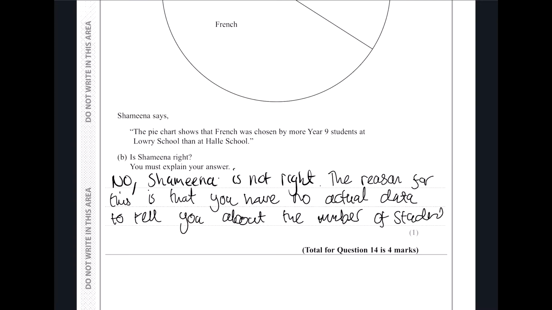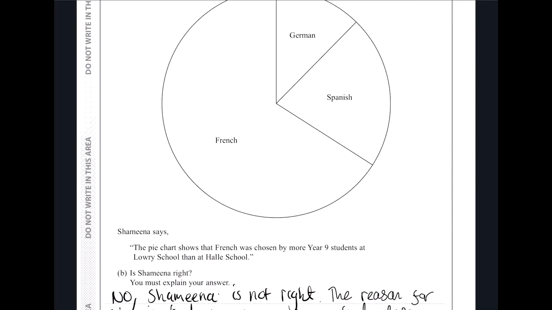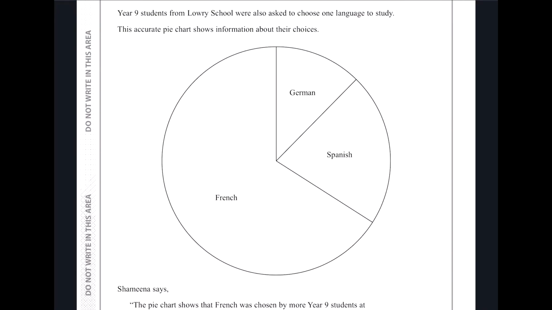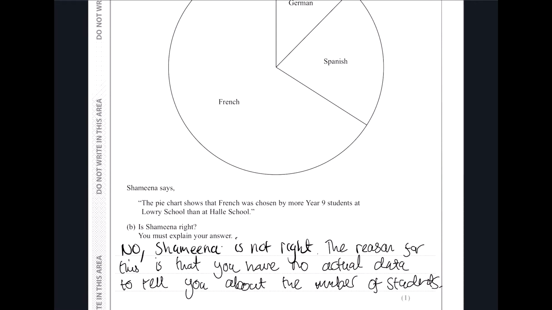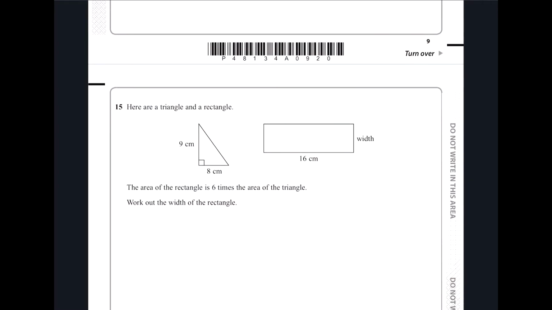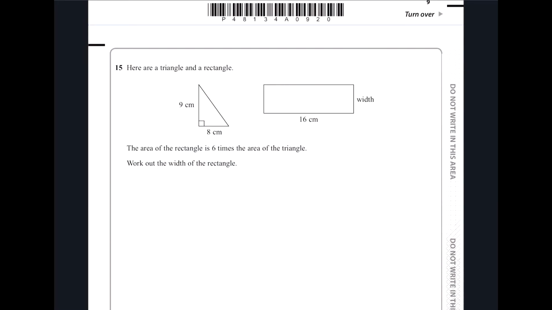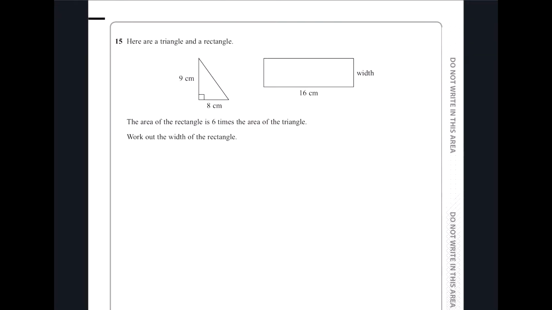If you have no actual data, a pie chart is only there to roughly represent the data and show you the proportions in each category. Without any further information, it doesn't tell you anything about the number of things. Of course, unless it literally said it on it, but the general idea is not for that.